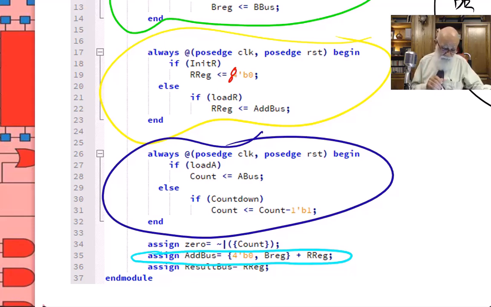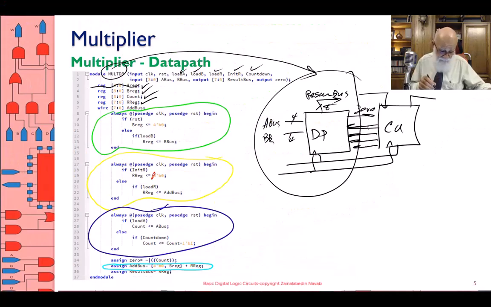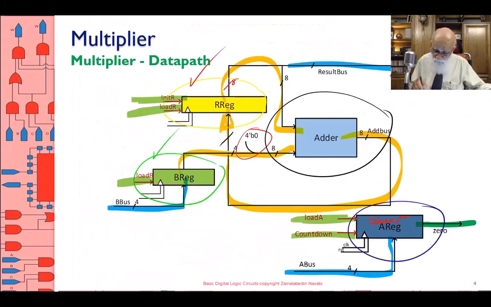And then this continues. And then down below on line 34, I have if all bits of count are 0, or if none of them are 1, then the 0 flag becomes 1. The 0 flag is this thing over here that goes out.